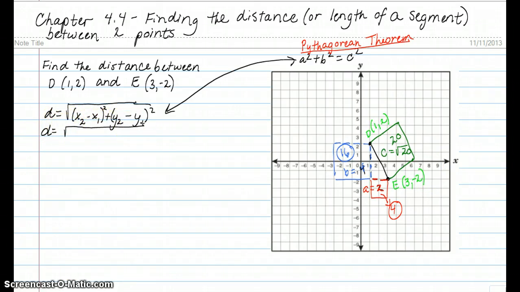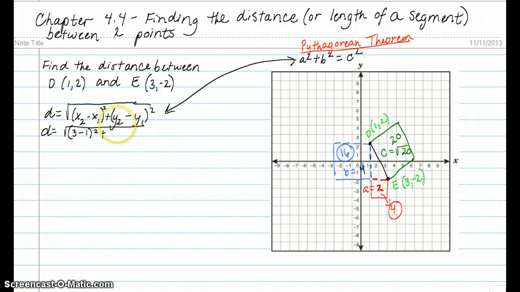Now, it doesn't matter. It's just like slope. It doesn't matter what you choose as your x sub 2. I'm going to choose 3. So 3 minus 1. Okay, so (3 minus 1) squared.